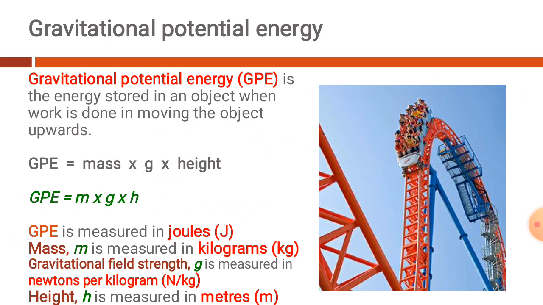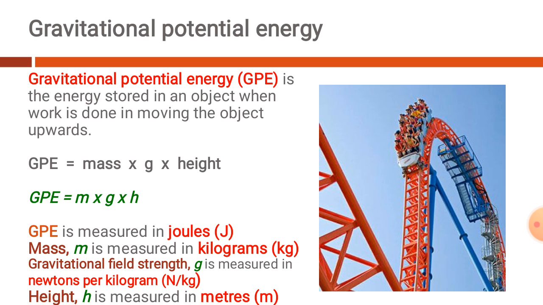The picture on the screen is a roller coaster. You see these people on the roller coaster. We'll say that these people have a certain amount of GPE. That's because they are above the ground, they are upwards.